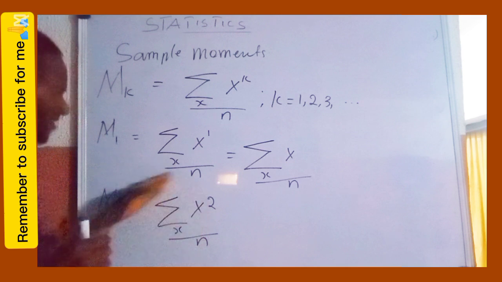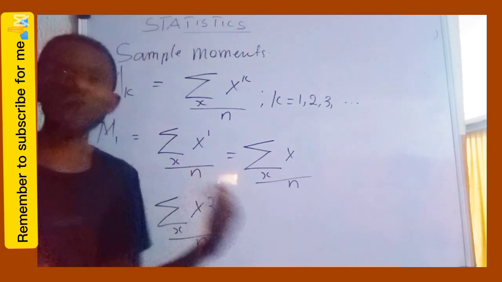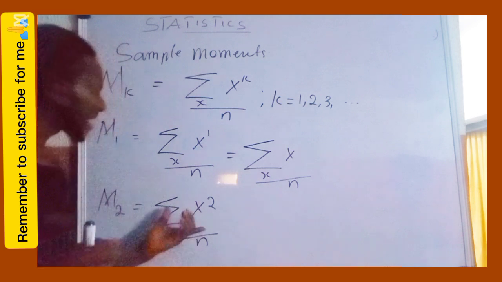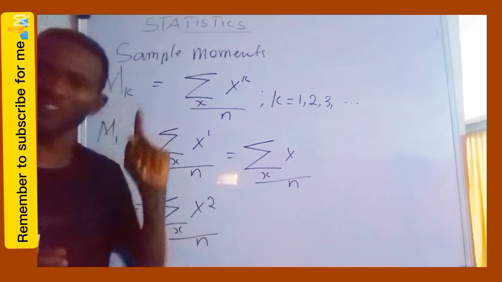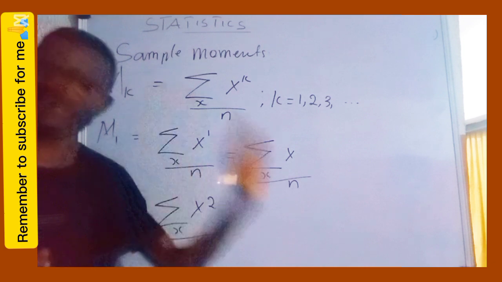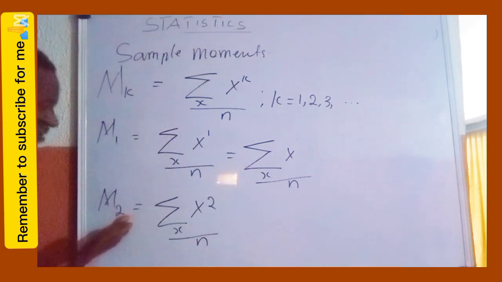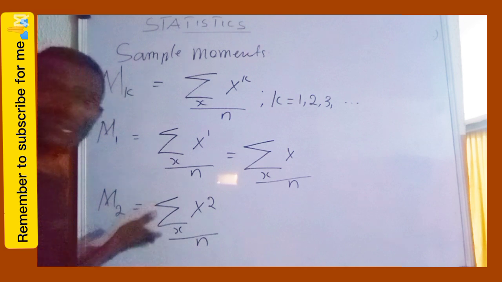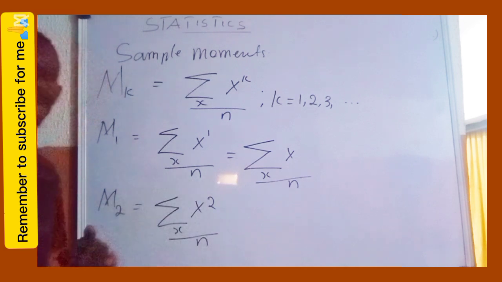So anytime you see this kind of equation in statistics and they ask you what it stands for, it stands for the second sample moment about the origin or about 0. When k becomes 3 or 4, you know what you are going to do down the line.